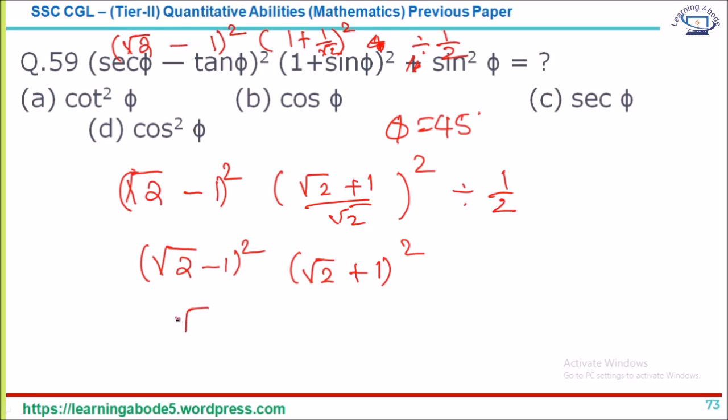So you will get 2 plus 1 minus 2 root 2 into 2 plus 1 plus 2 root 2.